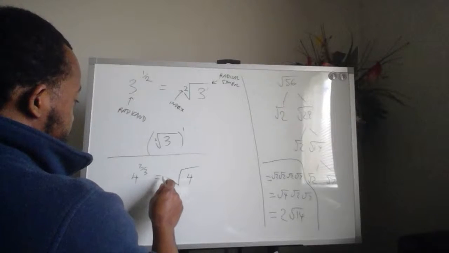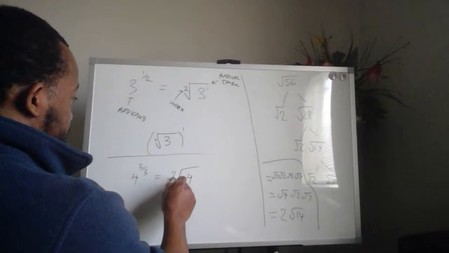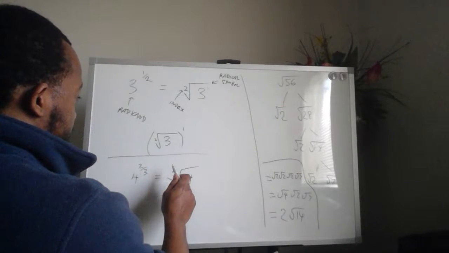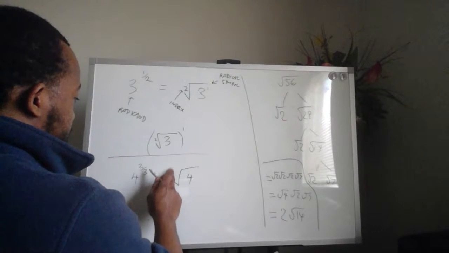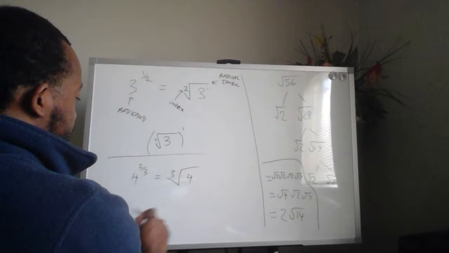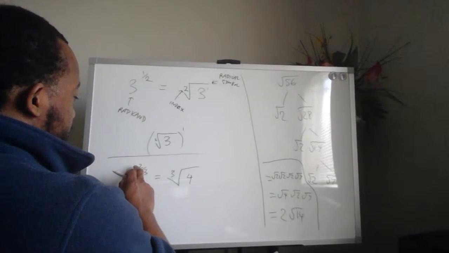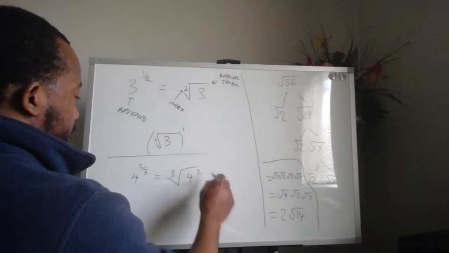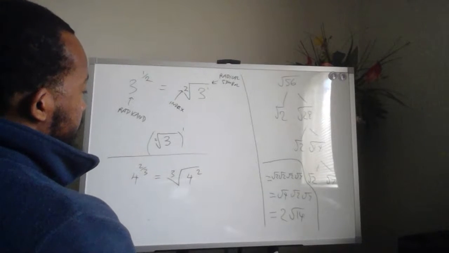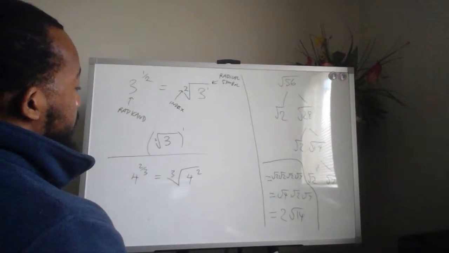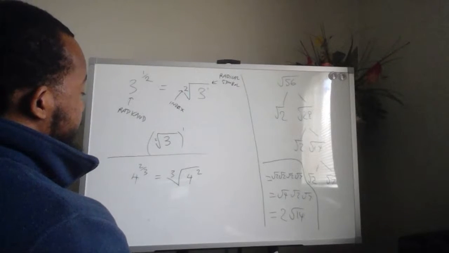The index is going to be 2. I'm sorry, the index is going to be 3, and your exponent is going to be 2. I think I got that right.